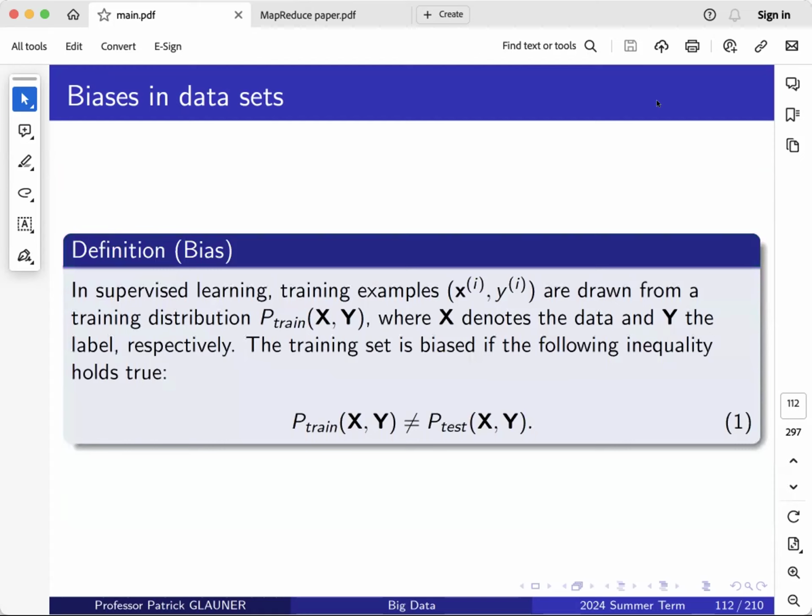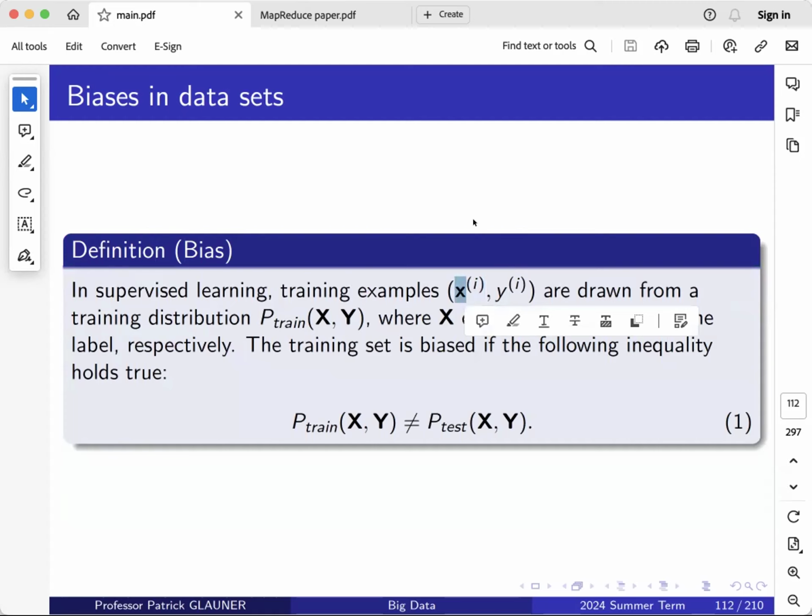Now, the issue of bias can also be described in machine learning. And we will now look at biases in the context of supervised learning. As you know, in supervised learning, we have our input data X and our label Y, and we have a pair of this. So I put the index here that I have an X and a Y that belong together.